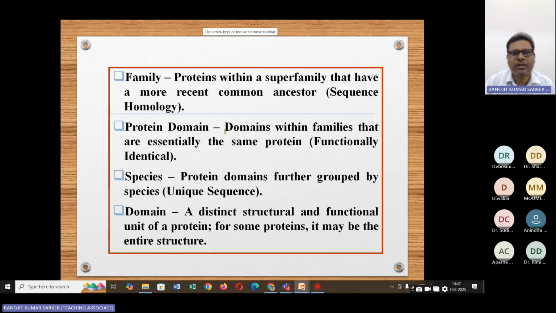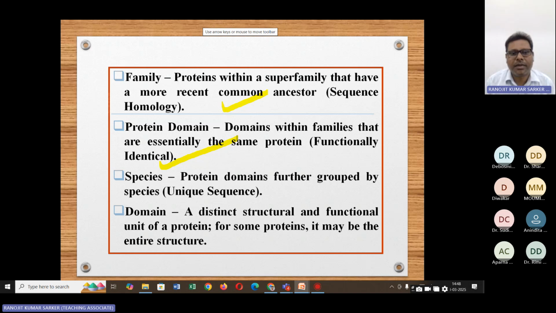In a family, they will be very closely related, and protein domains are very unique structures. The domains are very, very important. The region in the protein structure that can determine its own folding and function is termed a domain. Even if you detach this region from the rest of the protein, it can retain its function.